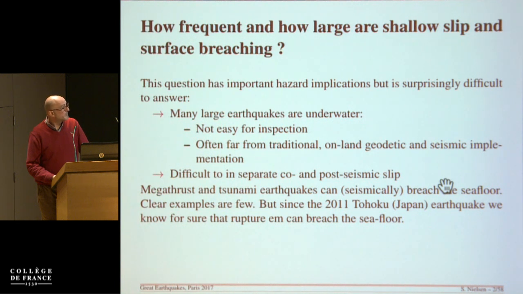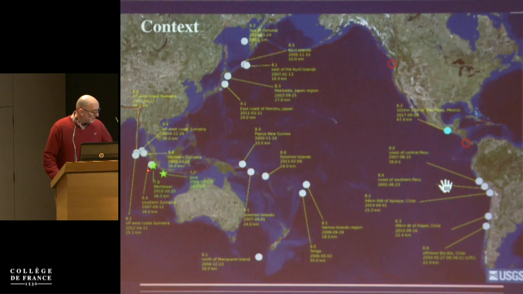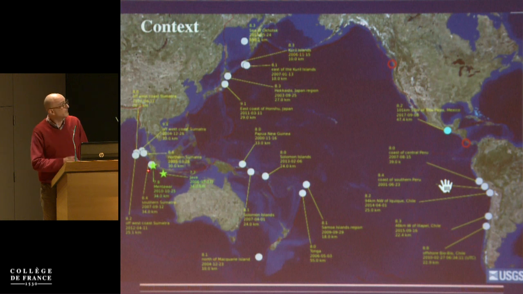But we know, especially with certainty since Tohoku 2011, that they can reach the surface. So I just put together the biggest earthquakes of the last 10, 15 years, and most of them, of course, are in the contours of the Pacific. There are just a few of them where we really know what happened when they got close to the surface.